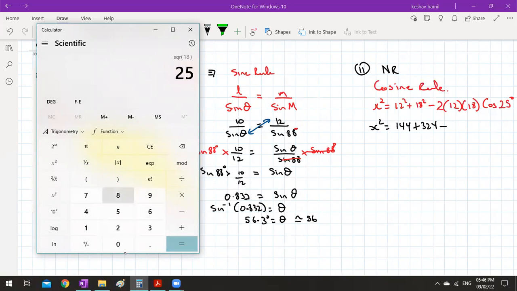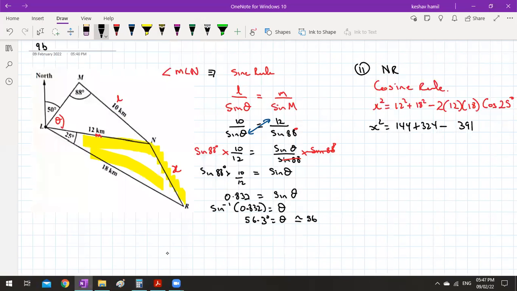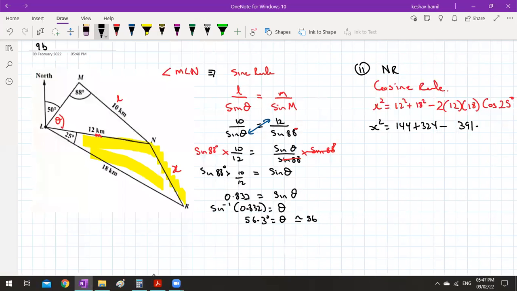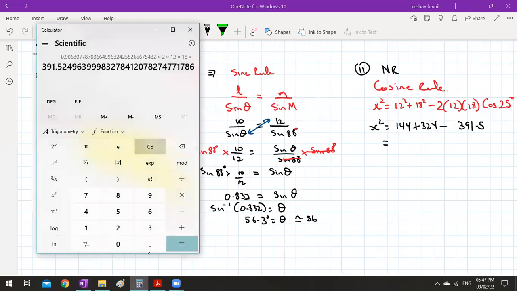So 25 cosine equals, multiply by 2, multiply by 12, multiply by 18, 391.5. So we come back on your calculator and we're going to work it out now.